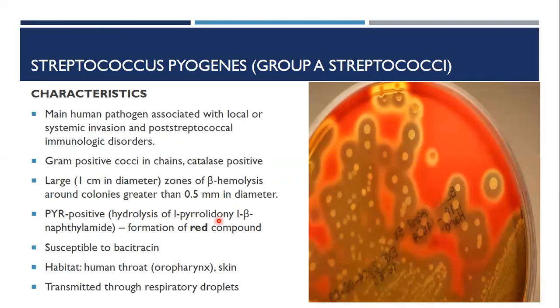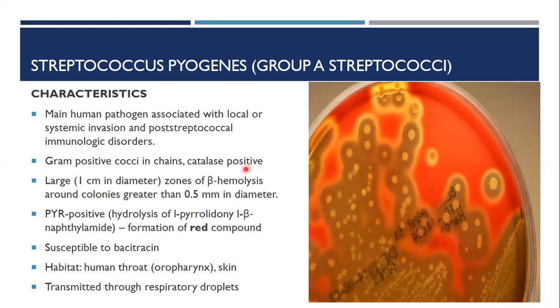Now, going back to morphology, as I've mentioned, in general, Streptococcus are gram-positive cocci in chains, and they are catalase negative, being under the Streptococcus genera.